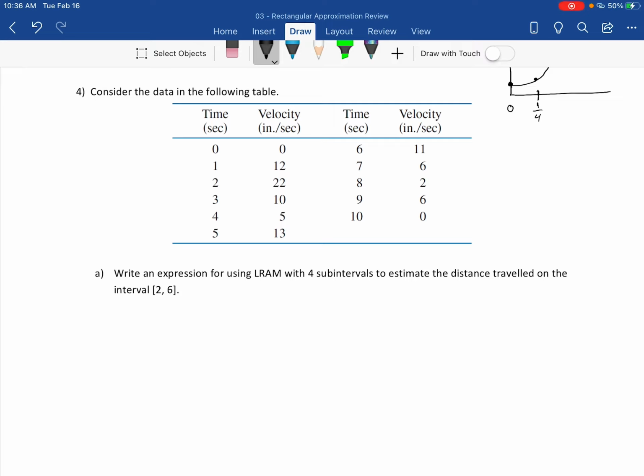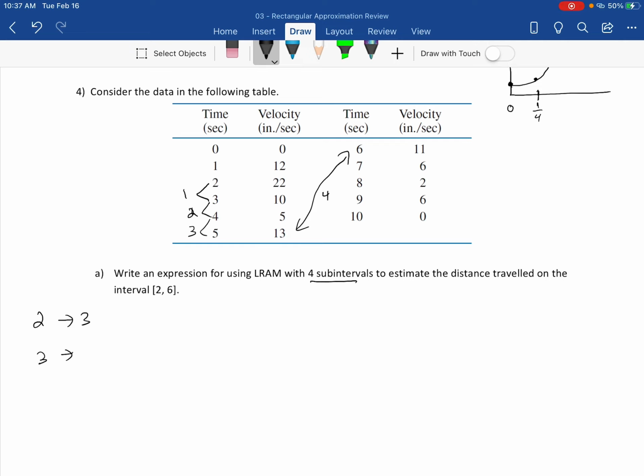So the intervals here, if we're going from 2 to 6, they just want 4 subintervals. So the 4 intervals are 2 to 3, that's the first subinterval, 3 to 4, that's the next subinterval, 4 to 5, that's the third subinterval, and then 5 to 6, that's the fourth subinterval.